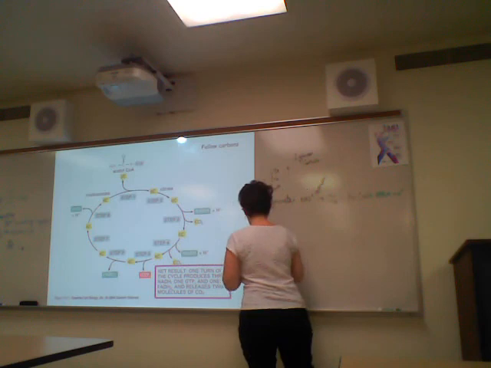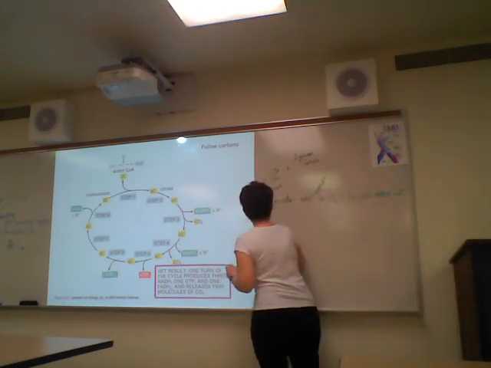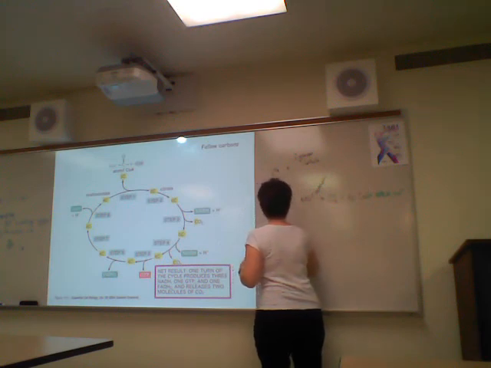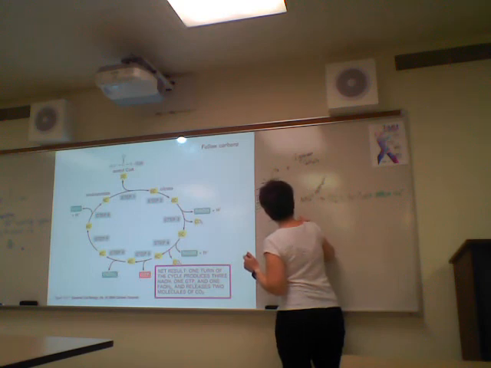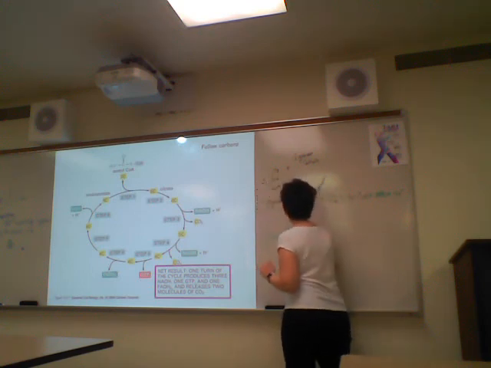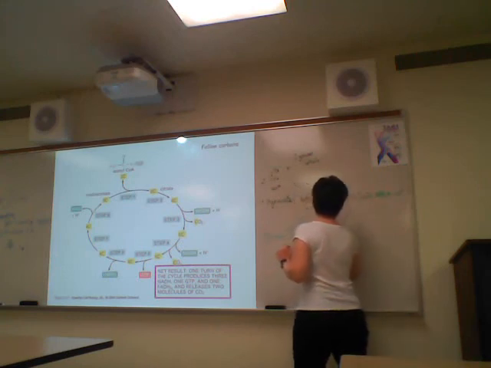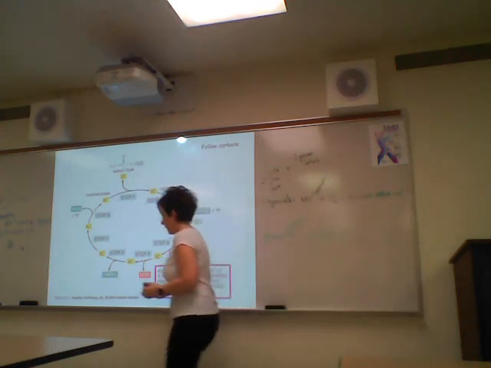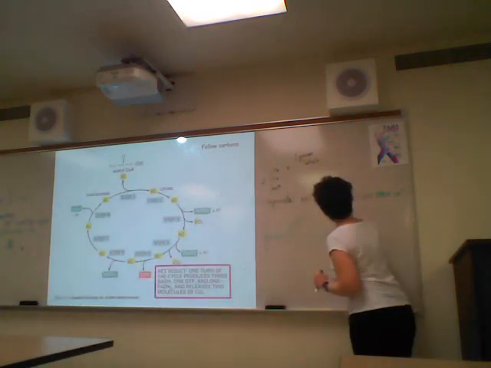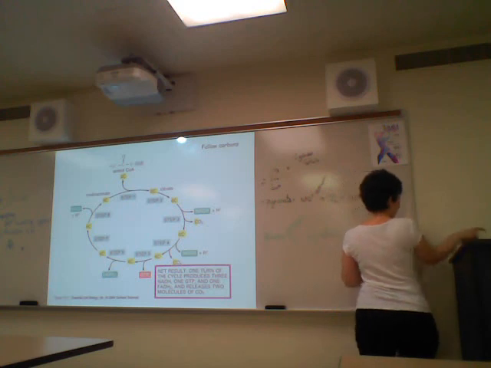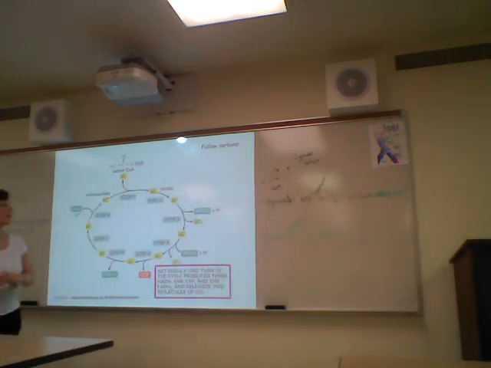So if we go through glycolysis, and I'm just going to do the carbon parts now, we get 2 pyruvates, and then our 2 pyruvates have to go through the pyruvate dehydrogenase complex.